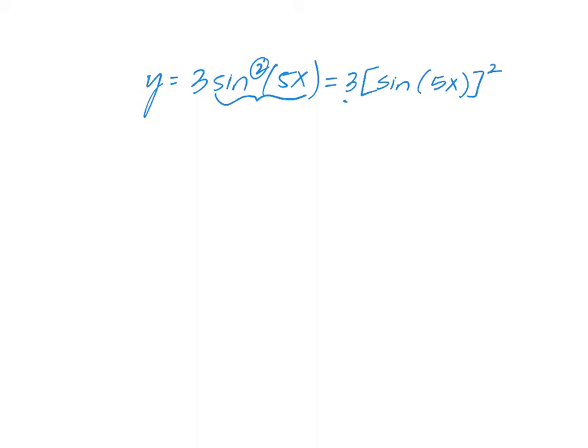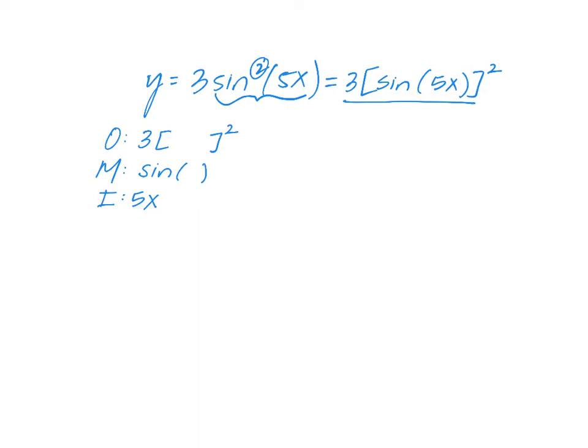And I think this rewrite helps you to be able to identify and see that a little bit better. And it also helps us see our levels. So our outside level would be 3 times the quantity, whatever's in brackets, squared. My middle would be the sine, and then inside would be 5x.